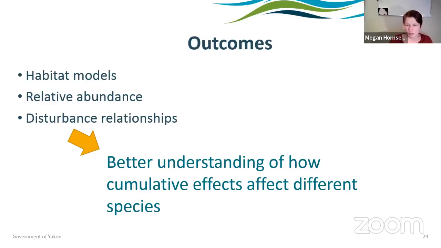So how many animals are there, and how does that link to the amount of disturbance that's on the landscape as well? And we can build these disturbance relationships. And I'll show you a very simplistic example of that. But this allows us to develop that better understanding of how cumulative effects impact different species.